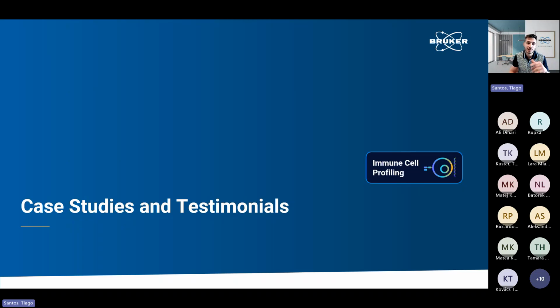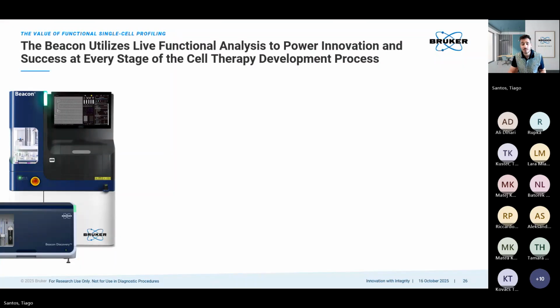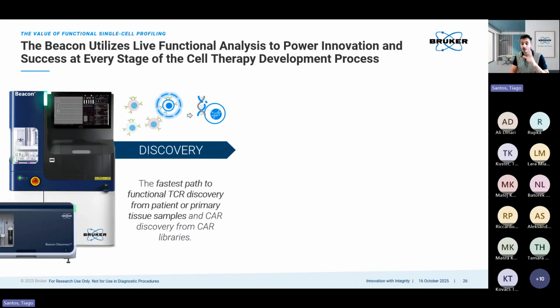Now I'll focus on case studies and testimonials of researchers in the immune cell profiling and cell therapy market that have leveraged this platform, as I mentioned in the beginning, throughout the pipeline. For discovery, Beacon has been able to discover binding TCRs and functional TCRs faster, and even qualify CAR-T libraries.